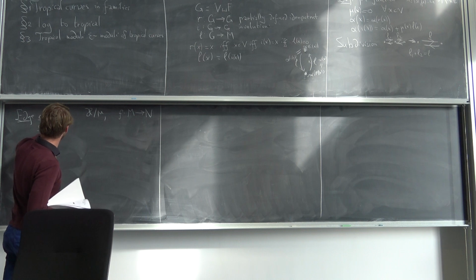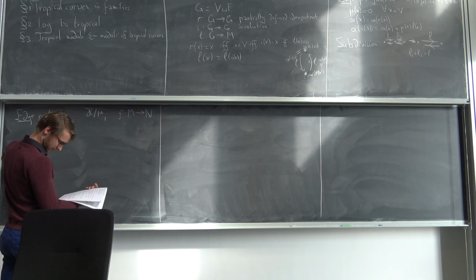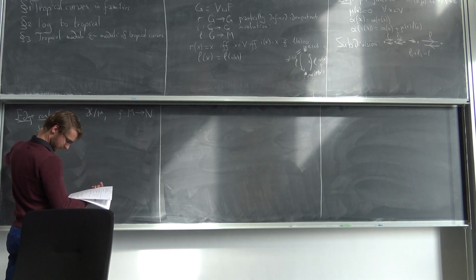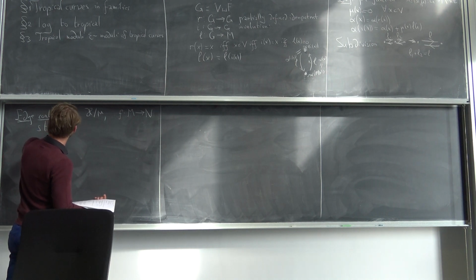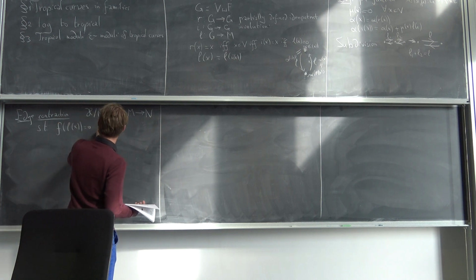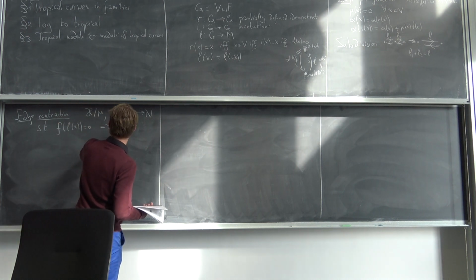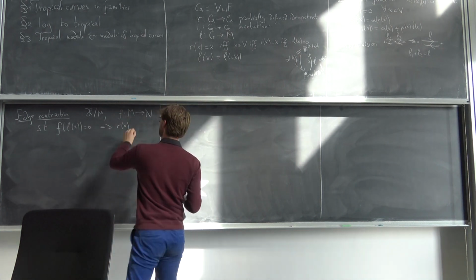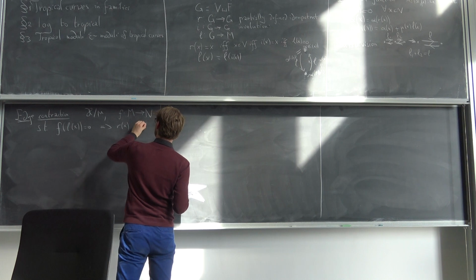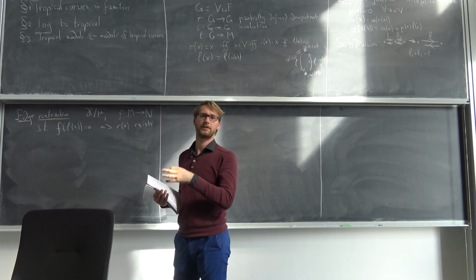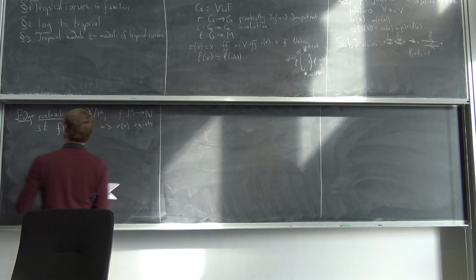f of, what's the condition exactly? If f of L equals 0, we need that at least the root of this thing exists. I mean, this was partially defined, but if it exists, then we can map it to 0.